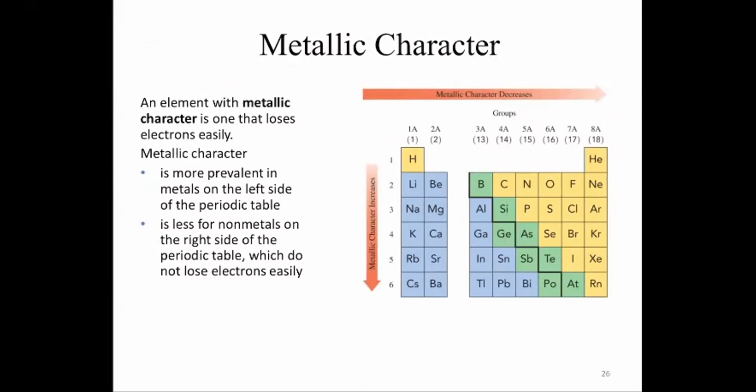We're going to see an increase in metallic character as we're moving down within a group. Metallic character decreases as we move left to right, but then it increases as we move down. So in this case, hydrogen and sulfur are not in the same column, right?